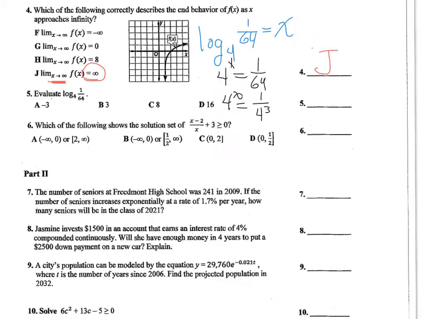Then you bring that to the top, so it would be 4 raised to the x power equals 4 raised to the -3. Therefore the bases are the same, so the exponents are equal. So it's going to be -3. That would be A.